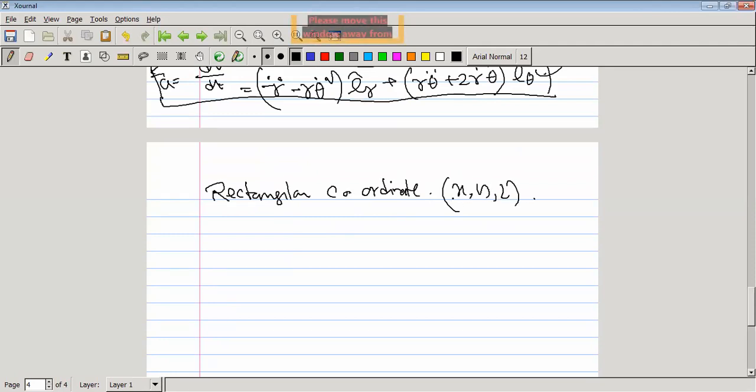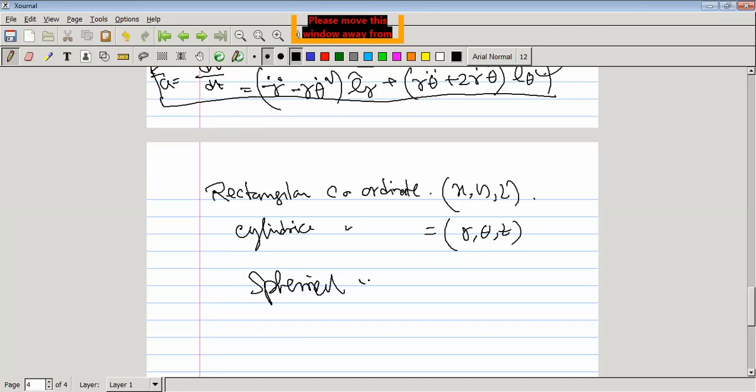Similarly, for a cylindrical coordinate, we define r theta and z. And for a spherical coordinate, we define r theta and phi. These are the basic choices of coordinates. Now we shall start a numerical problem based on these formulae, which is also part of our dynamics.